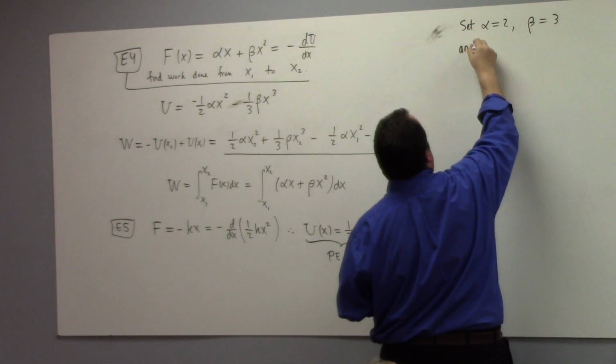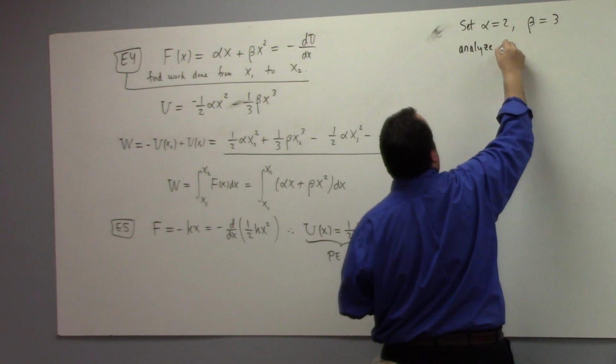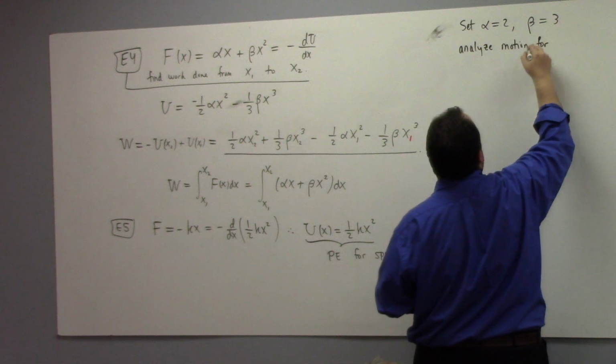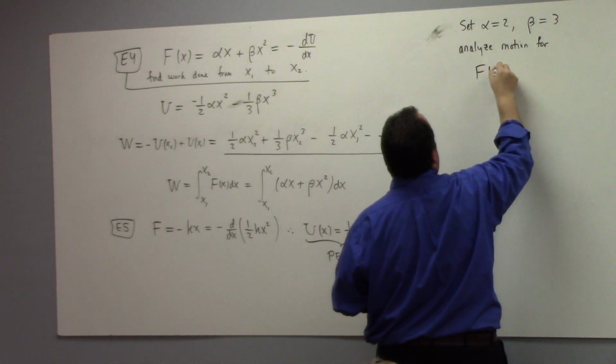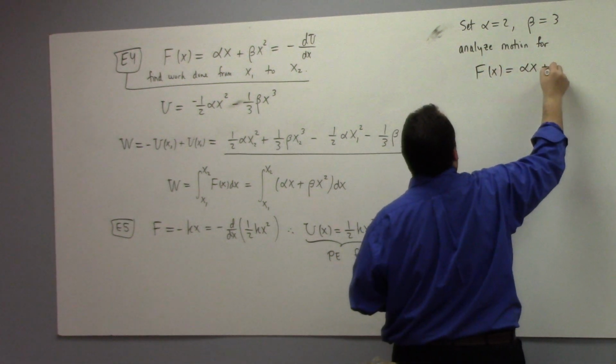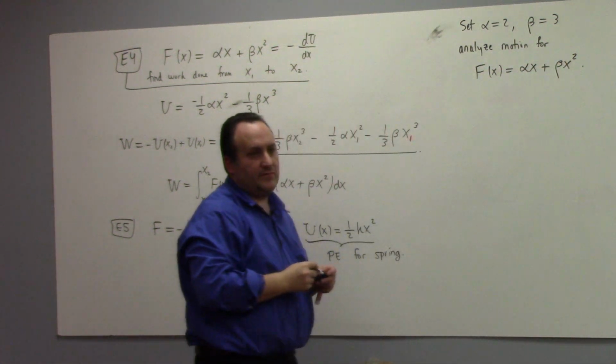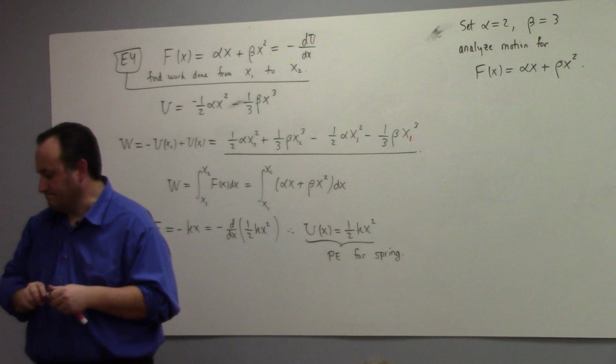Here's my instruction: analyze motion for the force alpha x plus beta x squared. How would you do that?